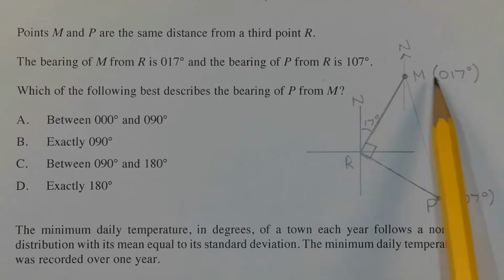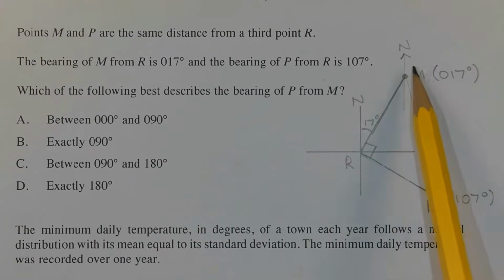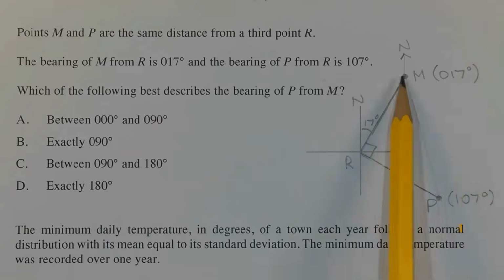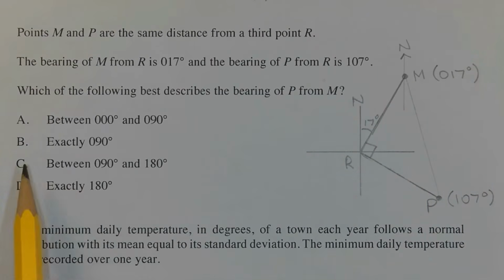Now, clearly from this diagram, this bearing here is greater than 90 degrees, so it can't be option B. It can't be option D either because it hasn't struck the south axis, so we haven't reached that yet. So neither B nor D is correct. And it's clearly greater than 90 degrees, as we can see from the diagram, because there's east that way, and we've gone beyond east. So the correct answer is option C.